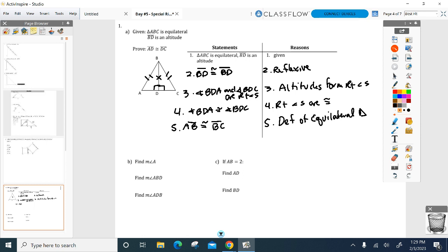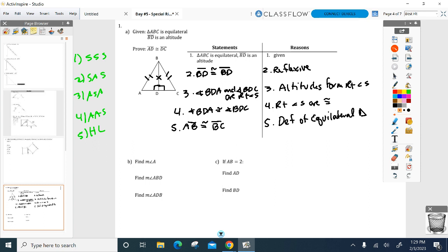Are they? Well, I should probably write this down too, right? Because it's been so long. Are the triangles congruent? Yes. I got more yeses now that I wrote them down, huh?